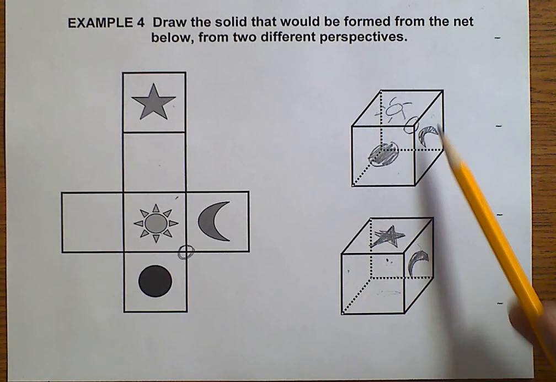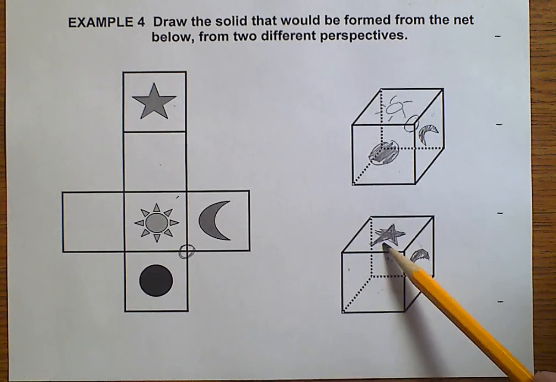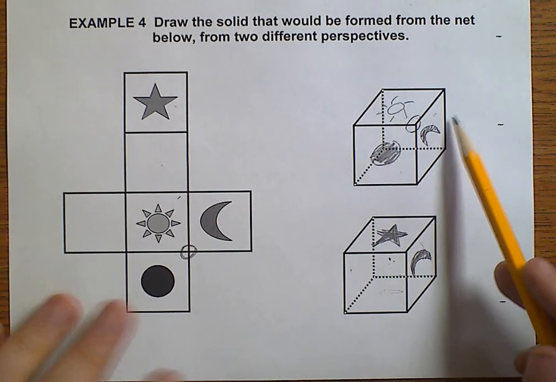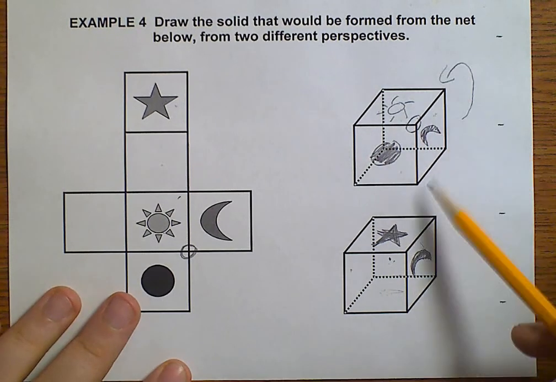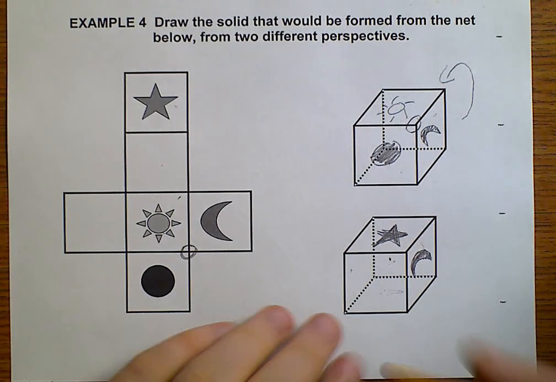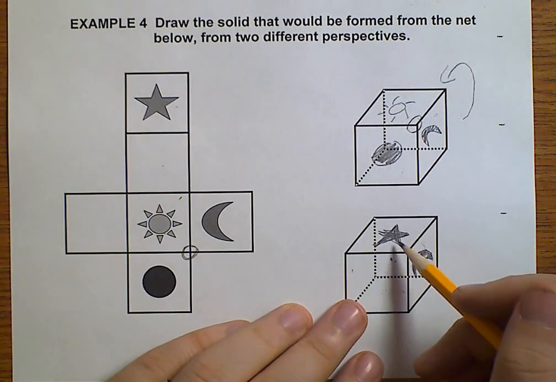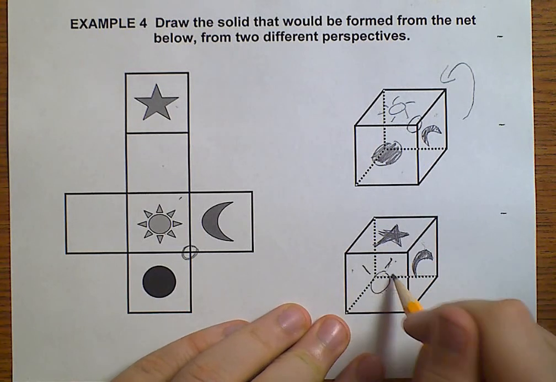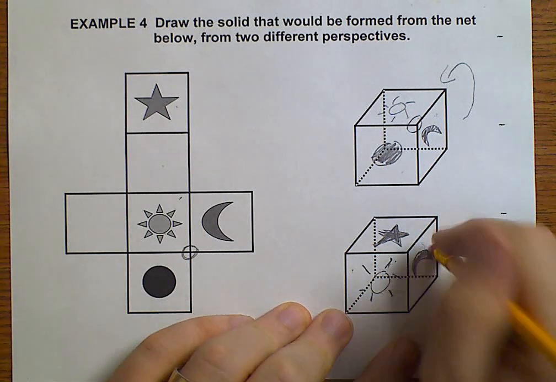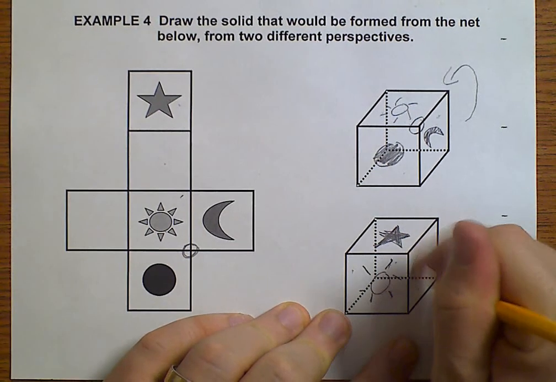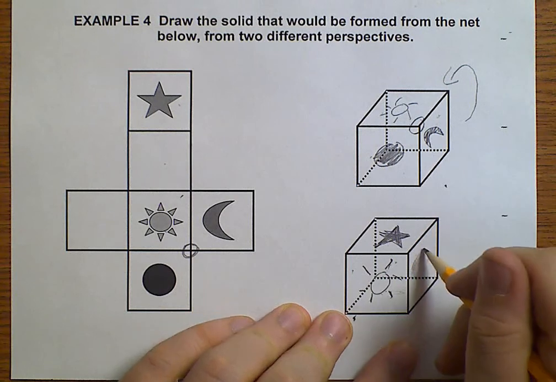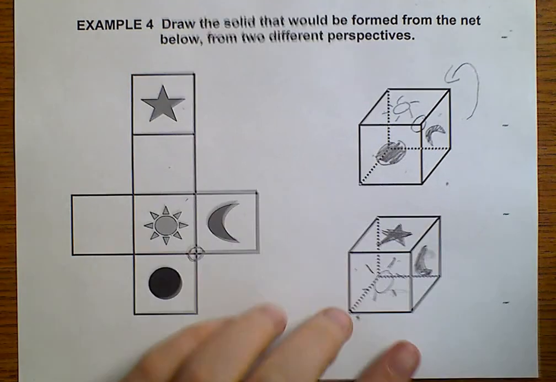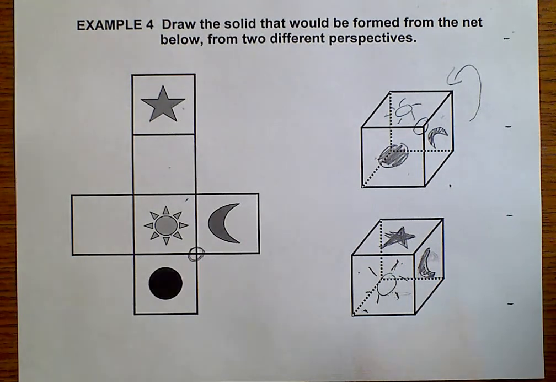So I flip it so the star is on top. Actually rotating it where the star is on top. So I rotate it kind of that way, so the star is on top. That would put the sun here. And my moon, still there, but it's going to be turned that way. There we go. So this is example number 4.